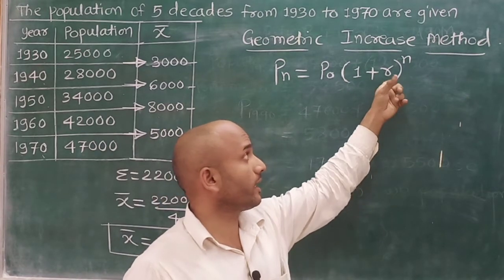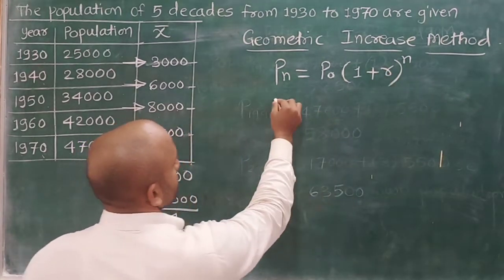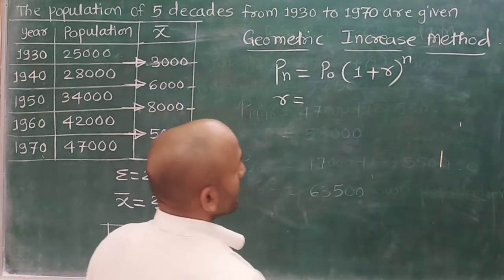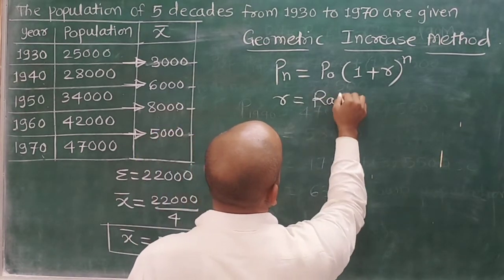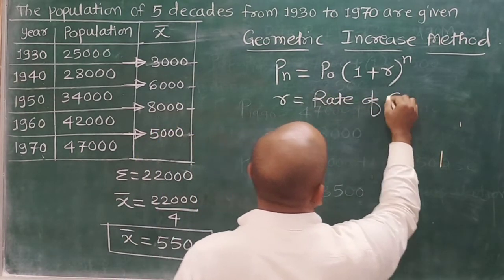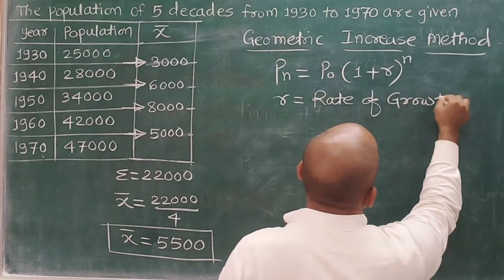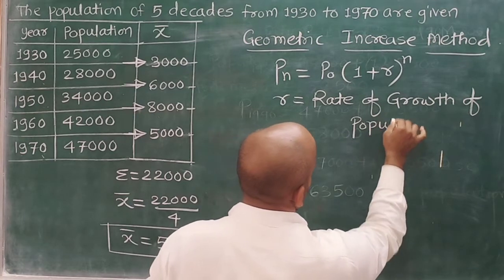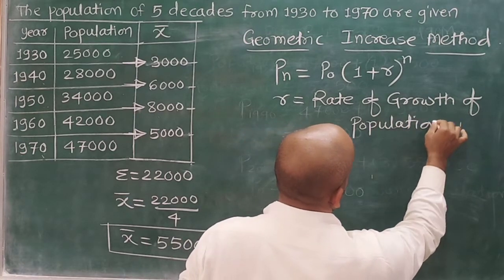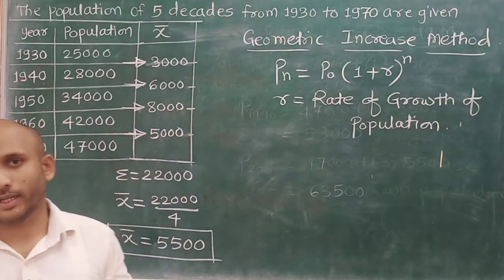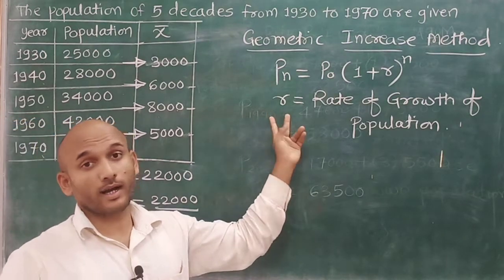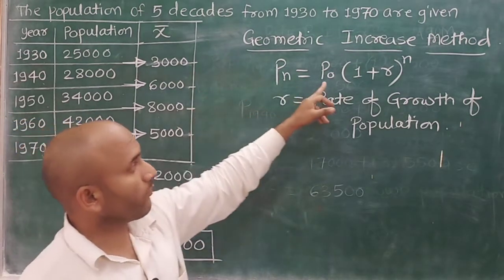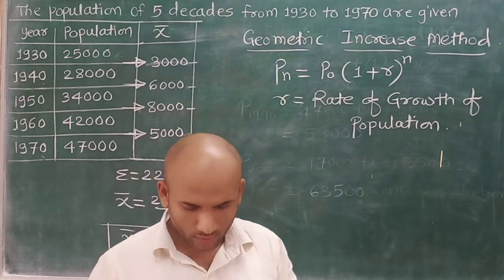And what is the value of r? Here, r is equal to the rate of growth of population. This is the value of r. Now P naught value we already know, we have already solved the problem.